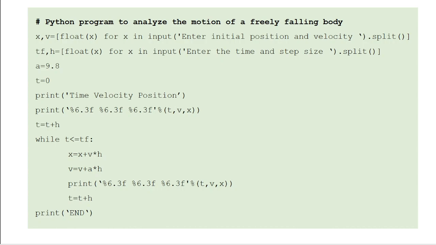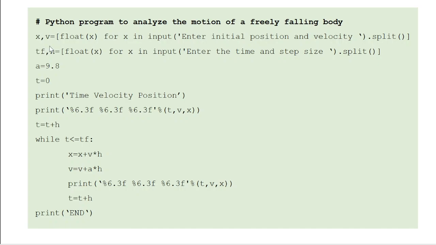And finally, how to do this program using the Python platform. The program is very simple. We have basically 4 parameters: initial position and velocity, which you call x and v. Then you need to know the final time and the step size. I input all these parameters using the split function, 2 parameters at a time.